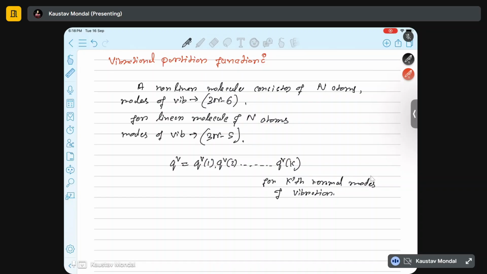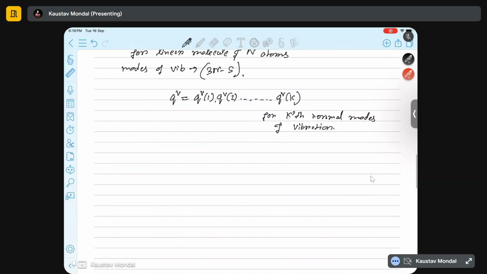Next, we have considered the vibrational excitation as a harmonic oscillator. The vibrational frequency basically matches with the frequency of a harmonic oscillator, so we have ignored the anharmonicity term of the vibrational energy.